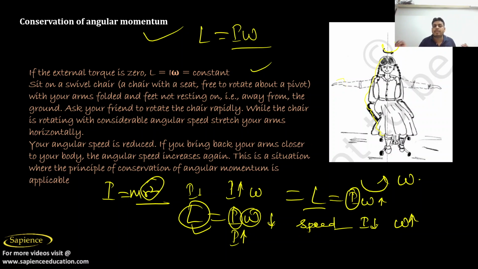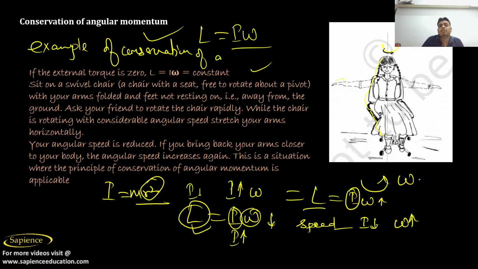And if she brings her arms back closer, her speed will increase. So this is an example of conservation of angular momentum. Okay, so I hope you have understood now.